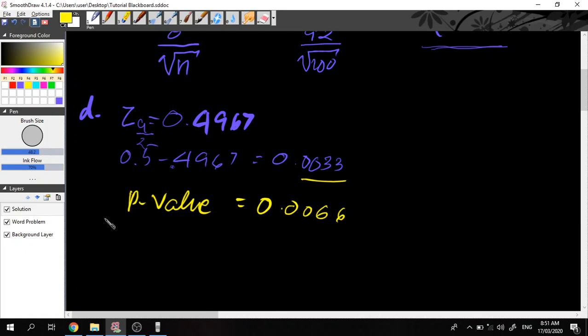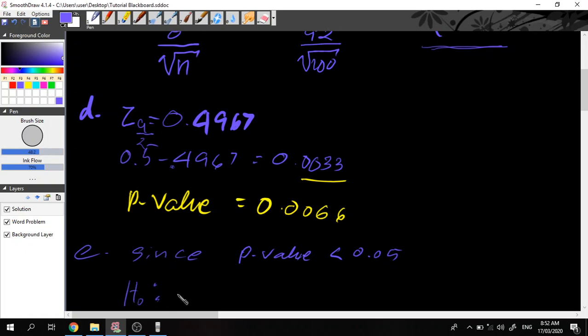Ngayon, pwede na natin i-conclude. Sa letter E, since ang ating p-value ay less than the 0.05 level of significance, yung ating H0 ay mare-reject.